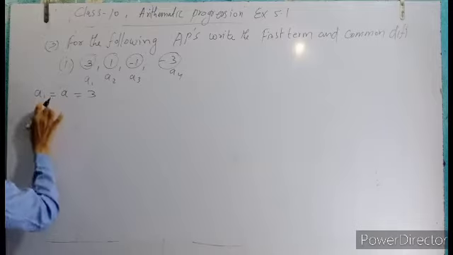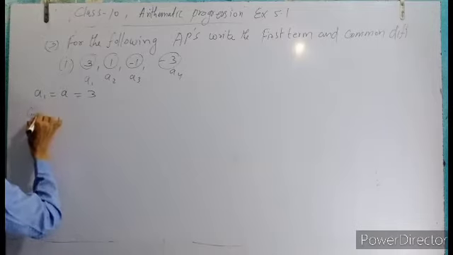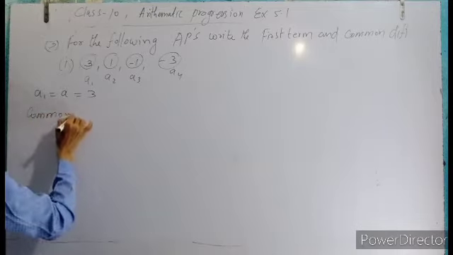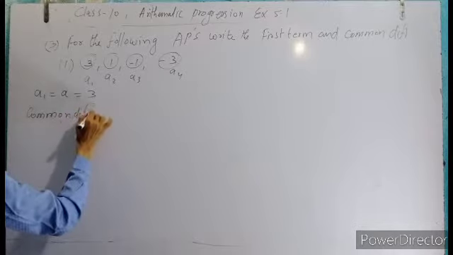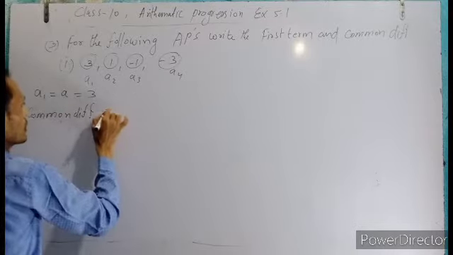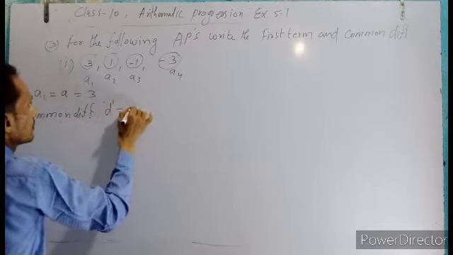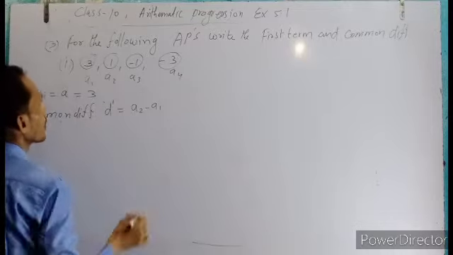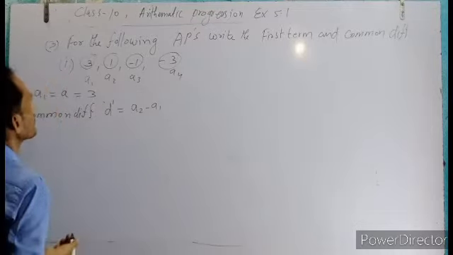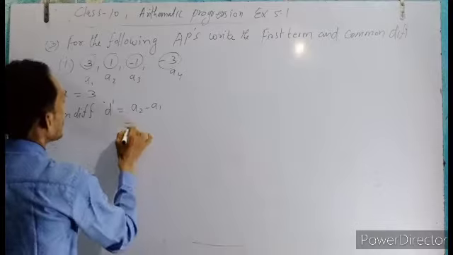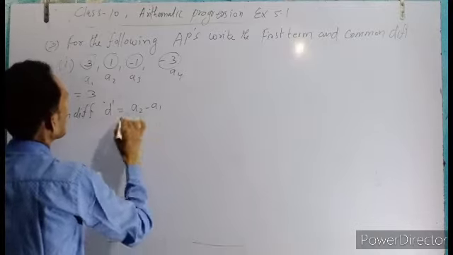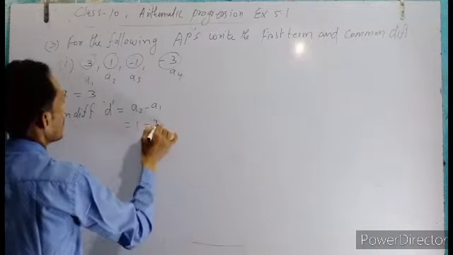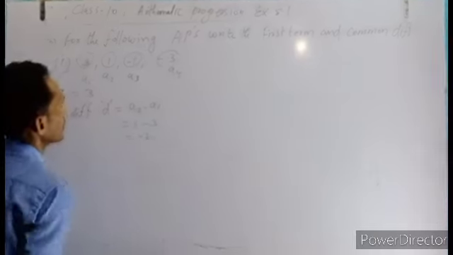And common difference, you know that common difference, that is called d, is equal to a2 minus a1 or a3 minus a2. So a2 is 1, a1 is 3, that is equal to minus 2.